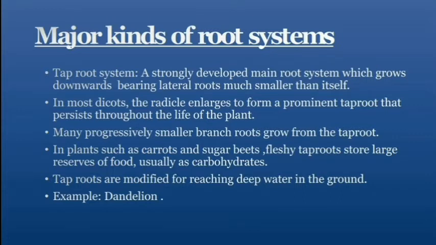Many progressively smaller branch roots grow from this taproot. In plants such as carrots and sugar beet, the fleshy taproot stores large reserves of food, usually as carbohydrates. Taproots are modified for reaching deep under the ground for water. Example, dandelion.